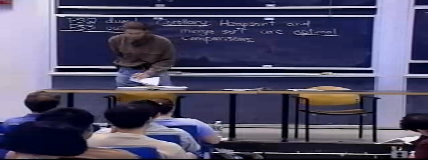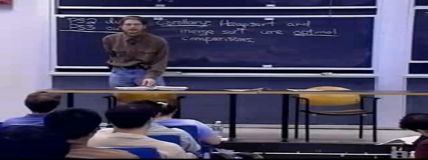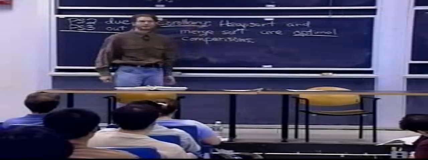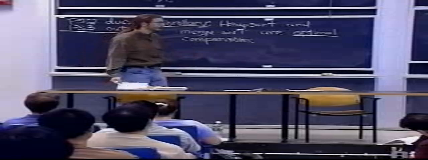So has anyone had an idea of what things you could do to sort other than compare the elements? This is not a well-formed question, but I thought I would ask it just to see if you had any good ideas.